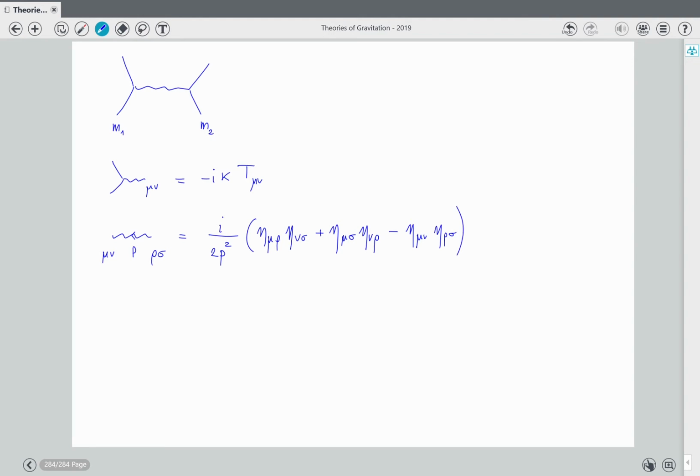This is the propagator we found with our gauge choice. It won't matter if we use a different propagator with a different gauge choice, but let's use this. So here we are exchanging the graviton. And okay, so let's compact this a little bit.